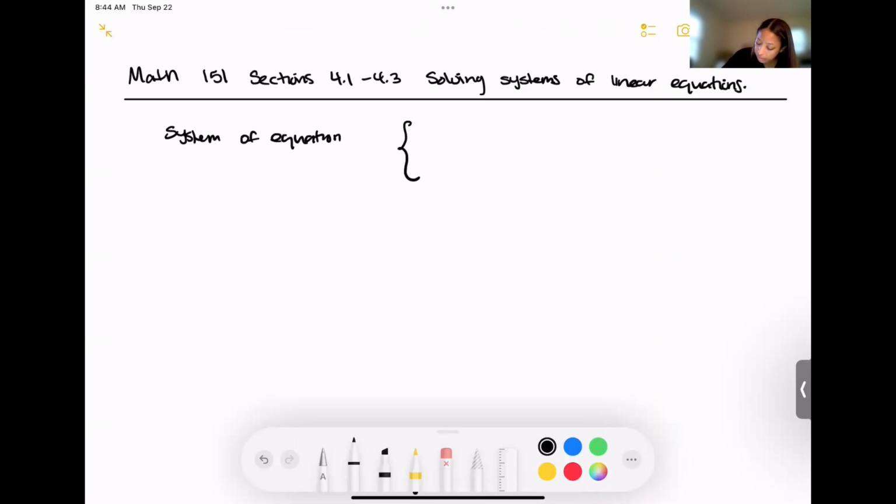So we'll have two lines, something like ax plus by equals c, and dx plus ey equals f. So we have two linear equations, okay? This is an example of a system, a 2x2 system.